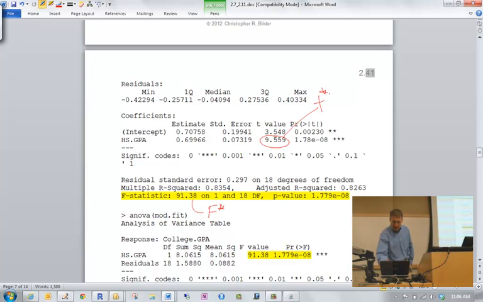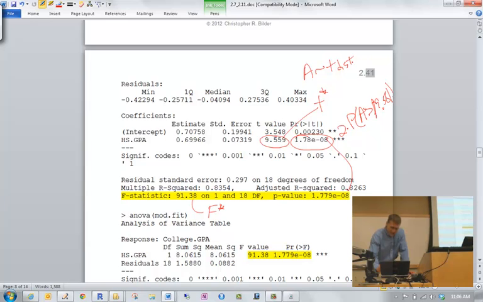This was our T star, and this was the corresponding p-value, 2 times the probability that a random variable, let's say A, where A has a T distribution with the corresponding degrees of freedom, is greater than the absolute value of 9.56. It's 1.78 times 10 to the negative 8th power.